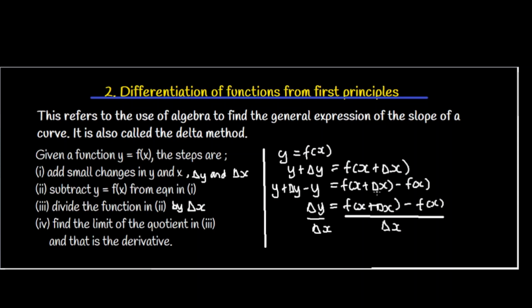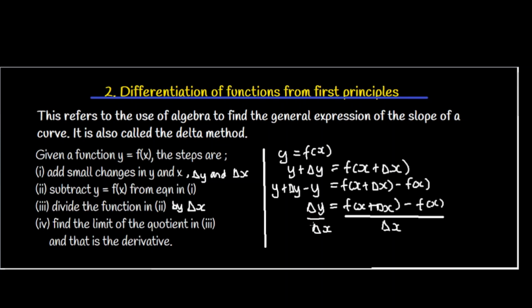You do it on both sides. Lastly, to get the derivative, we take the limit of change in y over change in x as the change in x approaches 0. And this is how it's done.